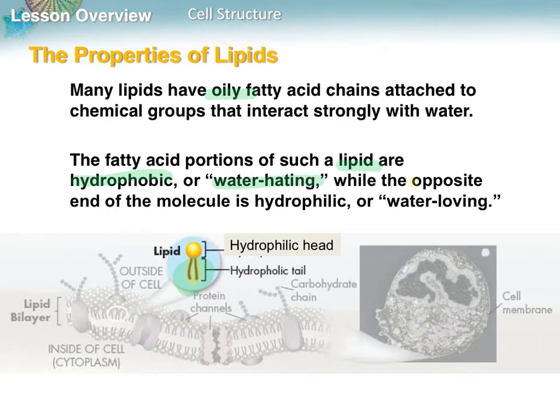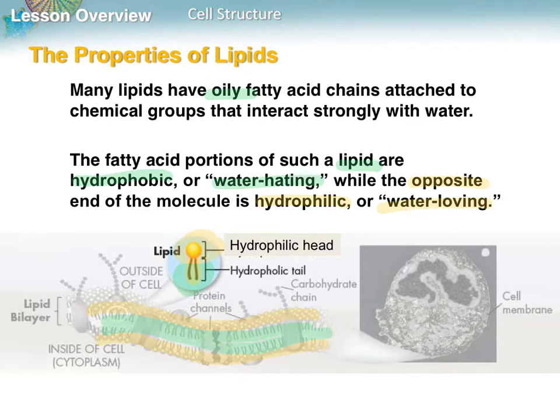And the opposite end, or the head end, is hydrophilic or water loving, and that's this part right up here. So in the cell membrane, this part is water loving, and this part is water loving, and then these parts here are the water fearing parts.